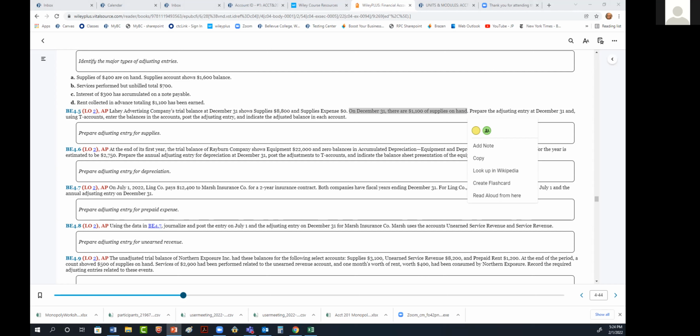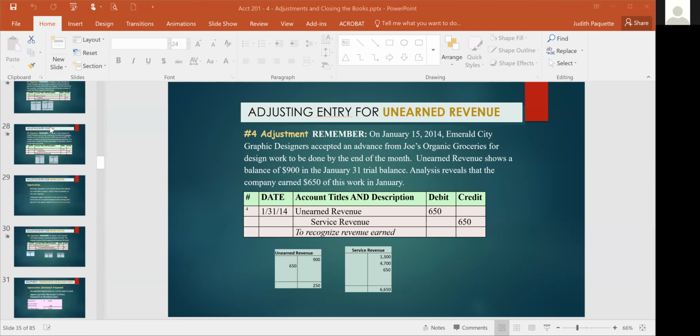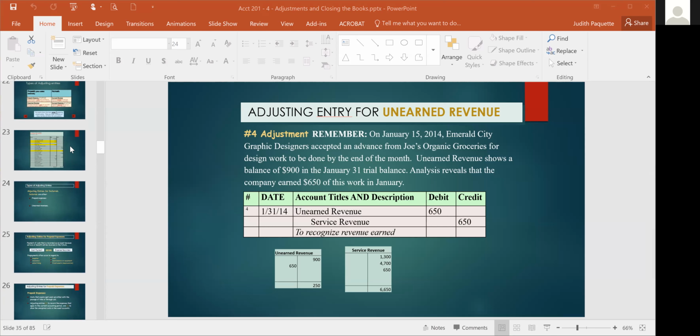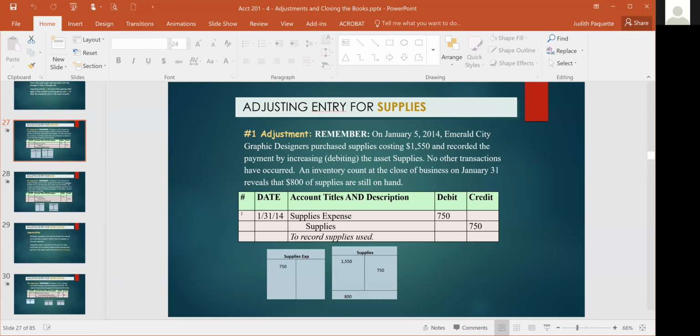So let's go back to the supplies journal entry because I think that's going to be helpful. Let's do it and share screen.